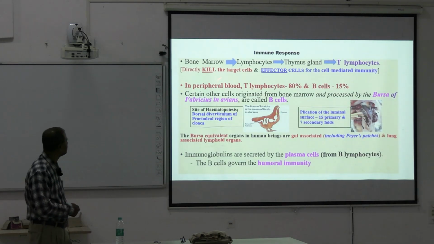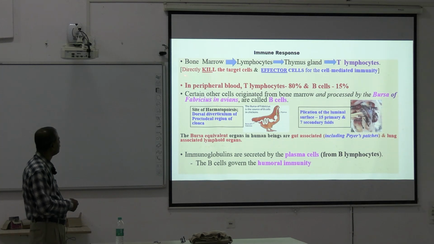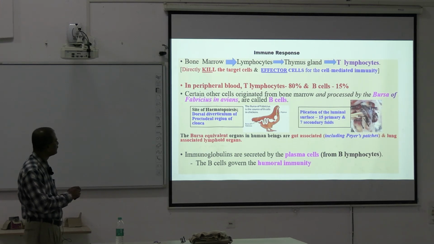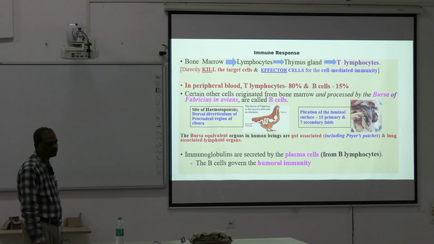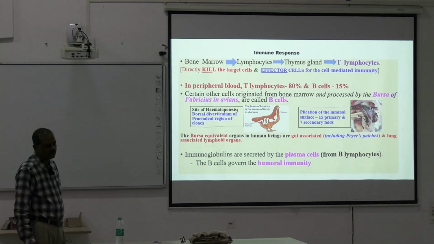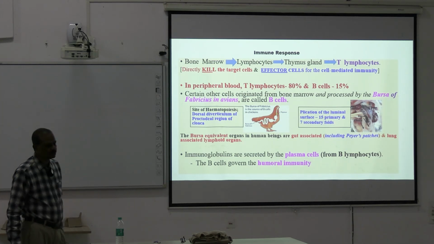Regarding the immune response, as I told you, the bone marrow is where the hematopoietic stem cell is. I will tell you how these lymphocytes are developed. So, write down: from bone marrow, lymphocytes are produced, and they are processed at the thymus gland, and they produce T lymphocytes. T lymphocytes can directly kill the target cells, and they are called effector cells of cell-mediated immunity.